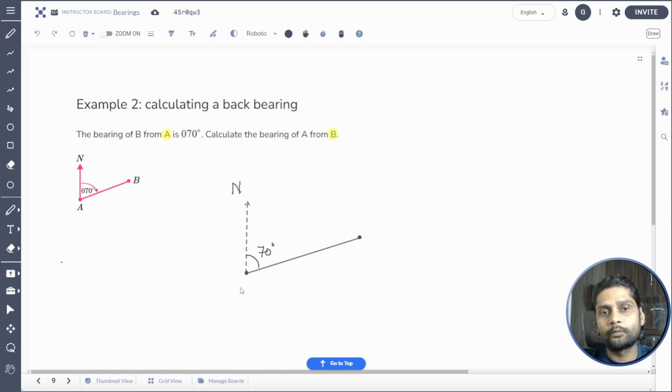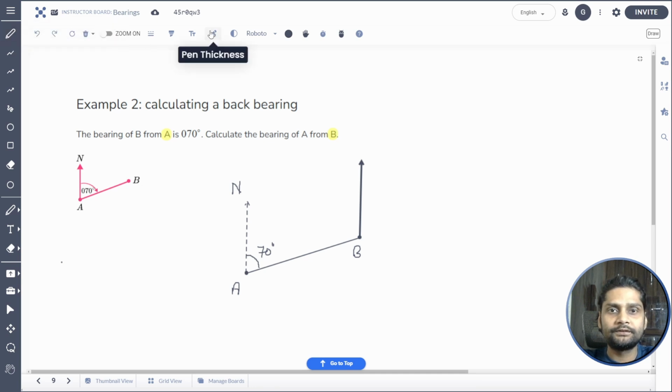But now there's a twist in the question. Now the question says get the bearing of point A from point B. It means we simply need to consider B to be the reference point. And as you know, if B is my reference point, I should draw a north line right on point B. So I'm going to draw another north line here on point B, and from here I want an angle in the clockwise direction that can be measured to the terminal line BA.